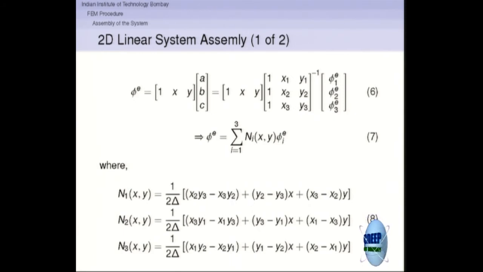Del N1 is simply, because first this term has derivative 0 as there is no variable x and y here, y2 minus y3 x hat plus x2 minus x3 into y hat, where x hat and y hat are the unit vectors in the x and y directions, is it not?